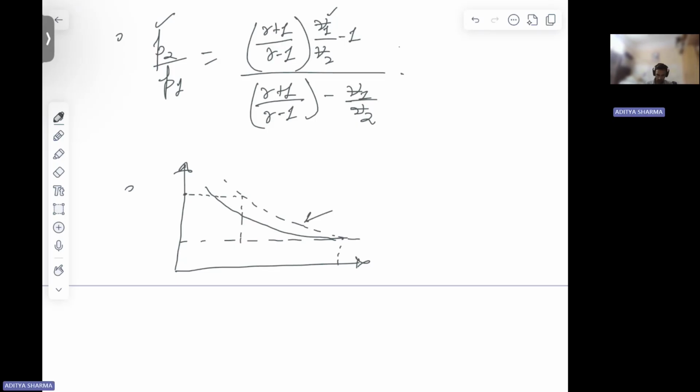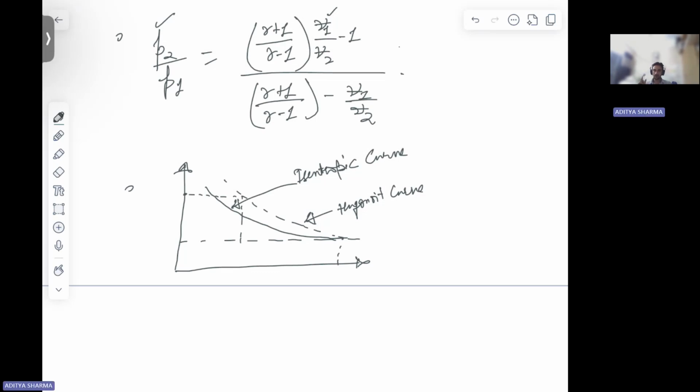This is for your Hugoniot relation, and this is from isentropic. This talks about compression, because across your normal shock you see your pressure increases. Your P2 is greater than P1. So basically what is happening across your normal shock? Your flow is getting compressed.